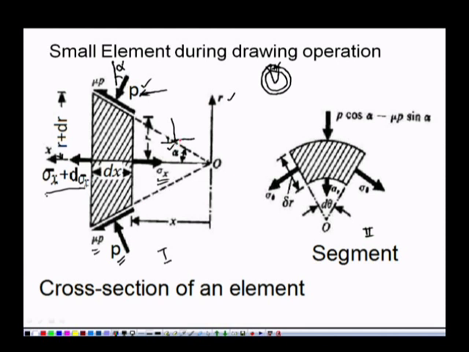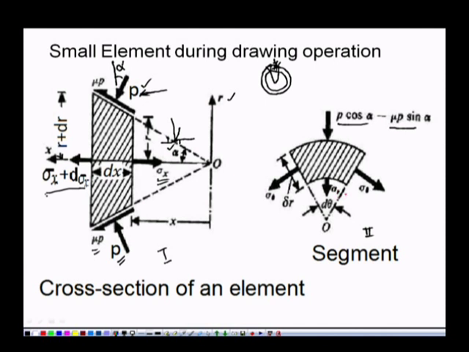So here we have alpha and the pressure. From the top we observe P cos alpha minus mu P sin alpha acting on this small element, and from below you can see sigma r.